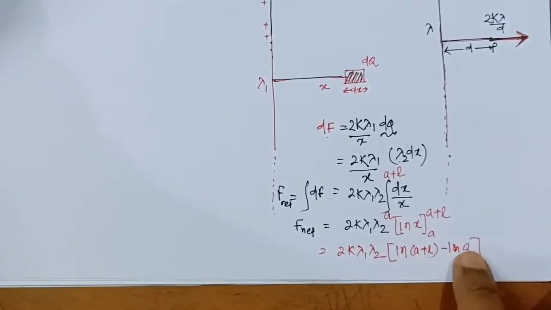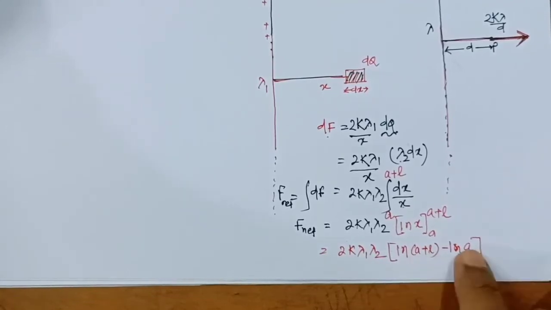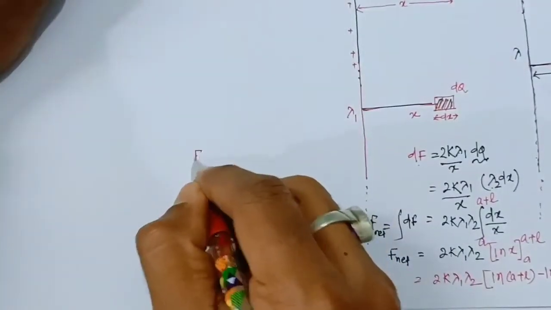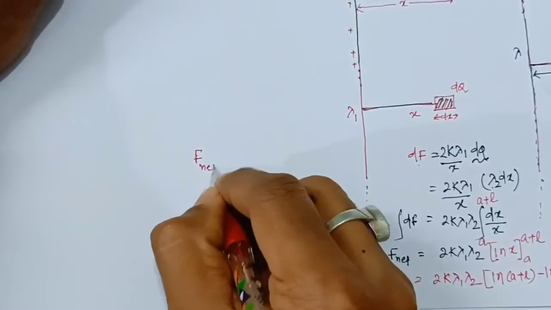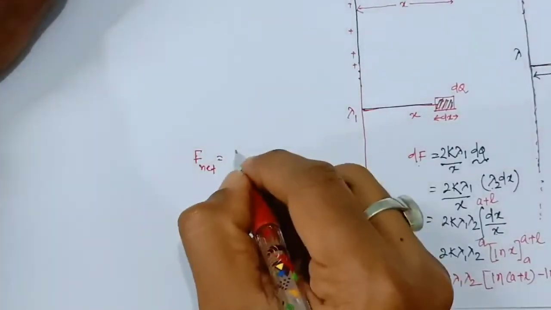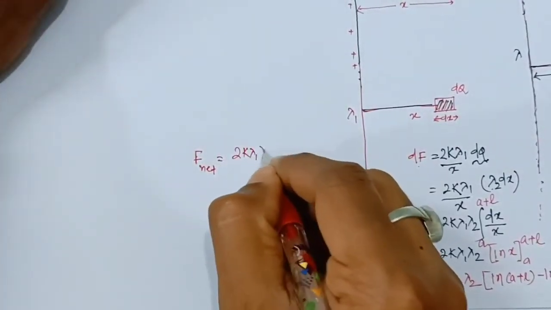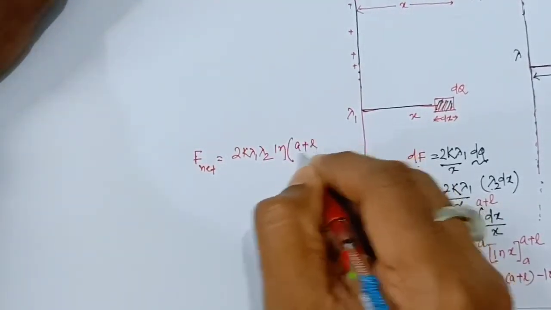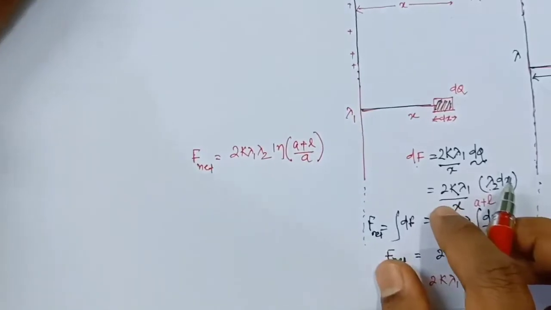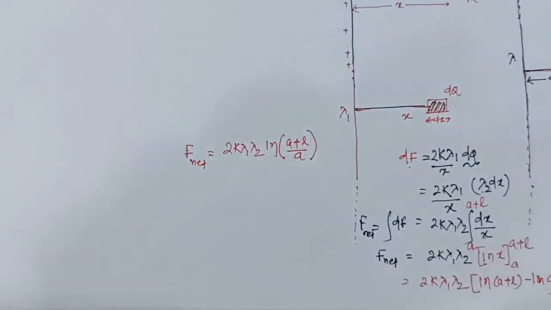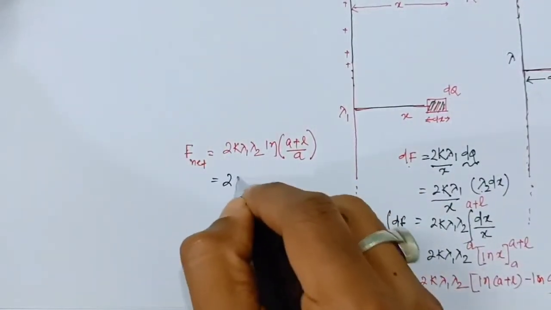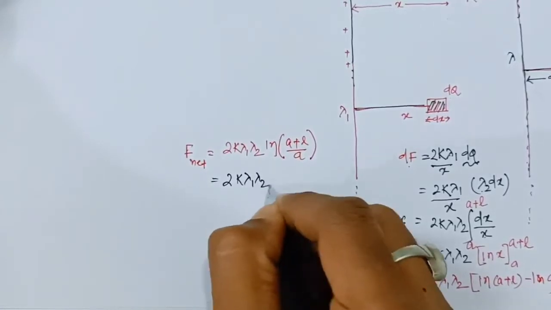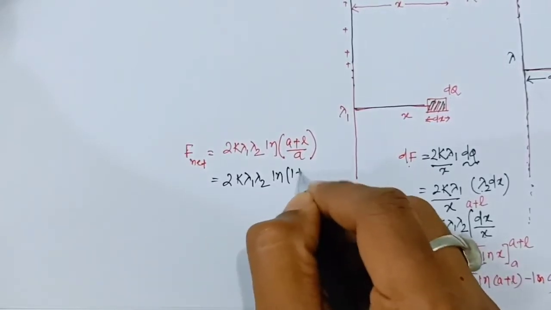Log A minus log B is log A by B. So I can write my net force directly as 2k lambda 1 lambda 2 ln (A plus L) by A. I hope this scenario is pretty clear to everyone. So the expression is 2k lambda 1 lambda 2 ln (1 plus L by A).